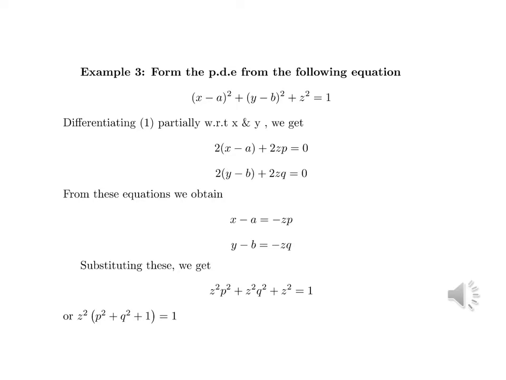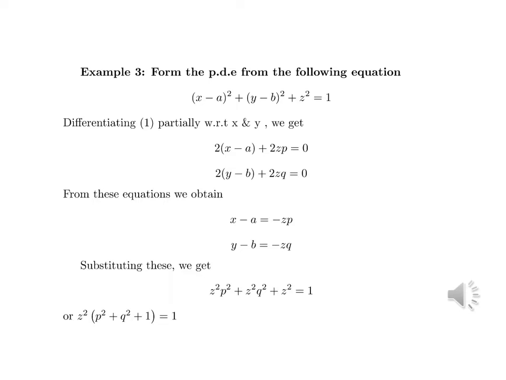Okay. Now we can find the value for x minus a from the first equation, and y minus b from the second equation. So we get x minus a is equal to minus zp and y minus b is equal to minus zq.